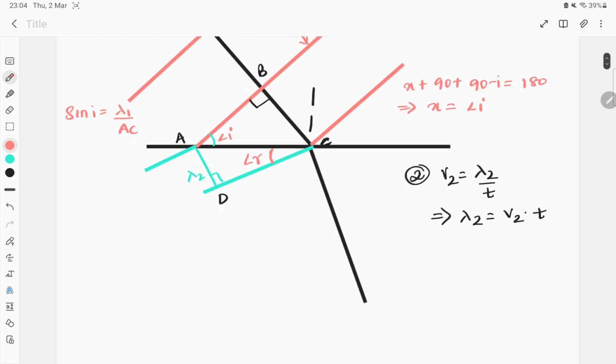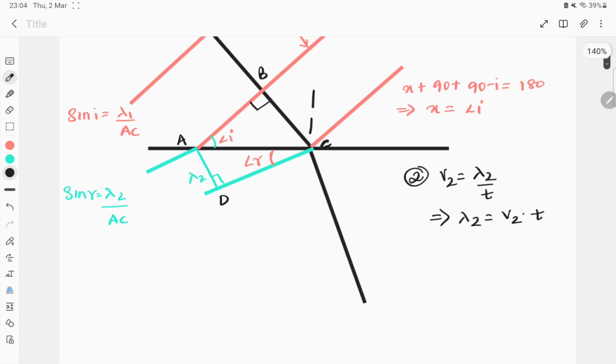In medium 2, sin r is opposite, which is AD, which is my lambda 2, divided by the hypotenuse, which is again AC. So if I find the ratio, I get sin i upon sin r is lambda 1 by AC, the whole divided by lambda 2 by AC. AC cancel हो गया. What I'm left with is lambda 1 by lambda 2.